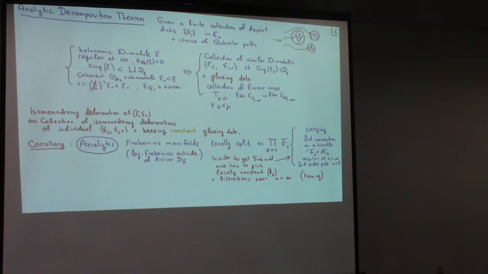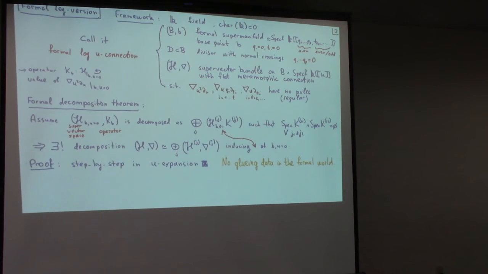It corresponds to extension of your bundle to a connection with first order pole. It's some kind of framing. In a real life situation, there will be some lattices, and this filtration will be integral, so there will be no continuous parameters here. So it essentially says that this Frobenius manifold, if you organize these things in several disks, splits as a product of other Frobenius manifolds with different affine structure. That's the main story here.